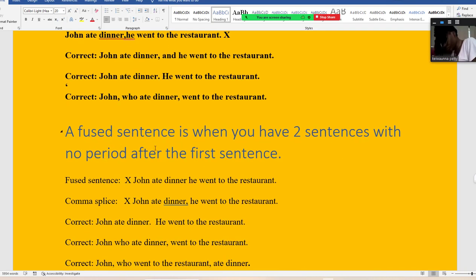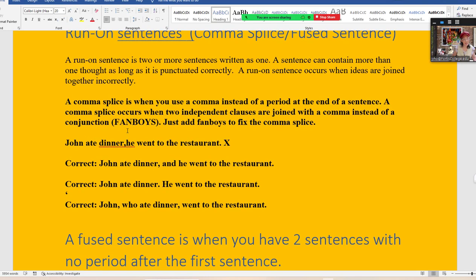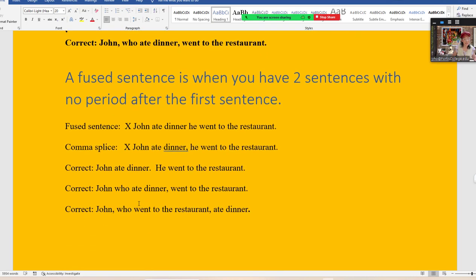A fused sentence is when you have two sentences with no period. In a comma splice, you're putting an unnecessary comma, and in a fused sentence, you simply forget your periods. So "John ate dinner he went to the restaurant" is known as a fuse, because the two sentences are fused together by mistake. When you put the period there, that separates the two sentences.